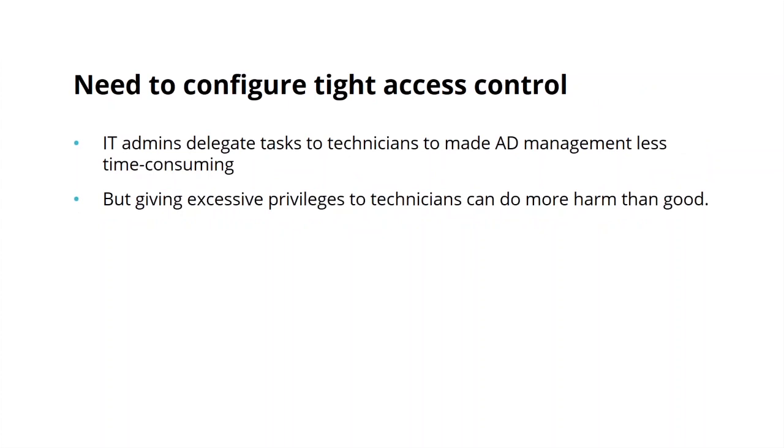So each request, such as access to critical shares or changing group memberships, must be reviewed by a team before it's transferred to the IT team. This way the enterprise resources are not compromised. So this is one way you can prevent unauthorized changes within your system.